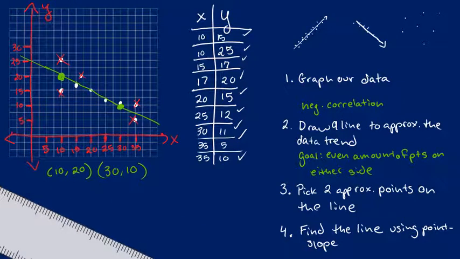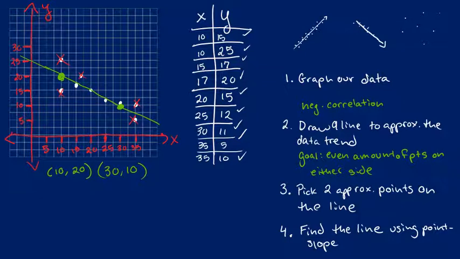If you find your y-intercept, then you can find your slope and plug that directly into y equals mx plus b. But here I'm going to go about it the long way, which really isn't that bad. It will just be a couple of additional steps.